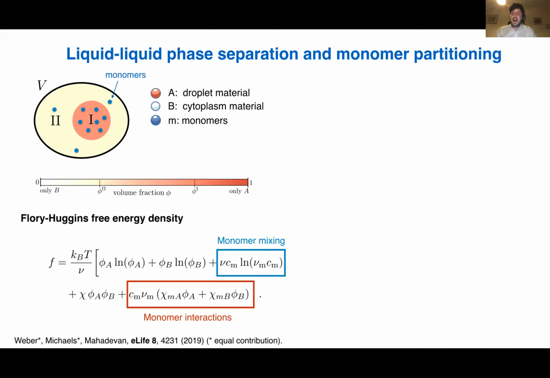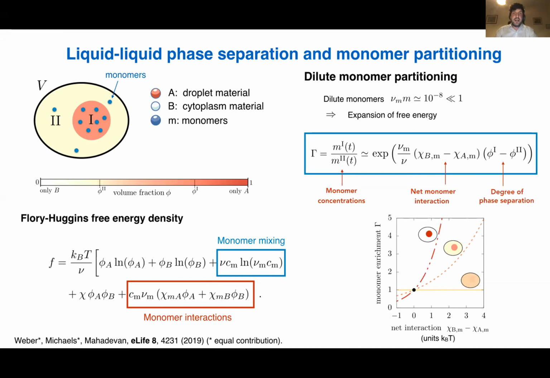Now, this leads to a three-component Flory-Huggins free energy, which is typically difficult to deal with, but we typically work in the regime where monomers are dilute. So typical concentrations of aggregating monomers give rise to volume fractions which are very small. And that allows us to expand the free energy in terms of the small volume fraction of the monomers.